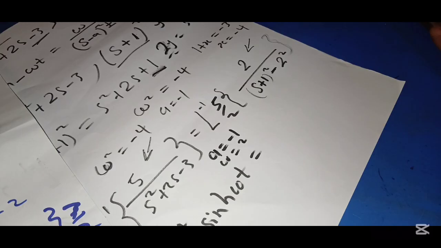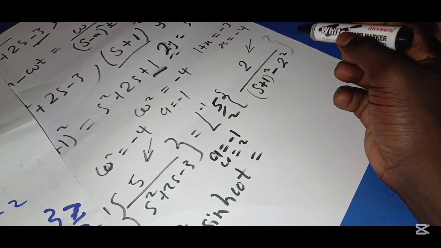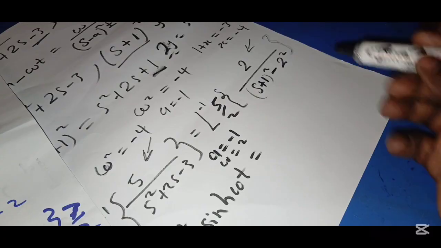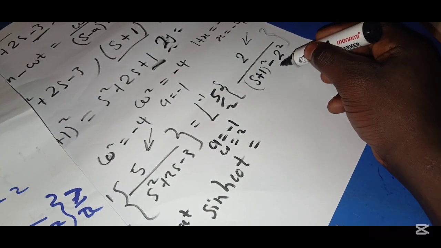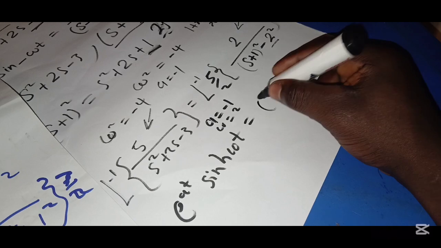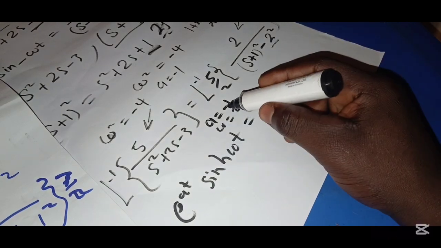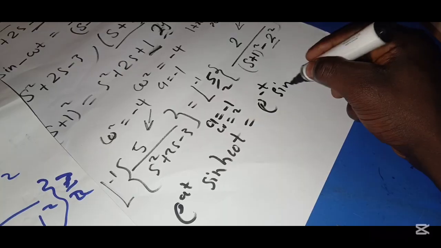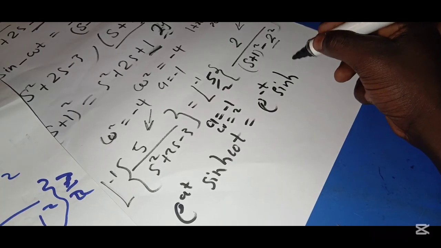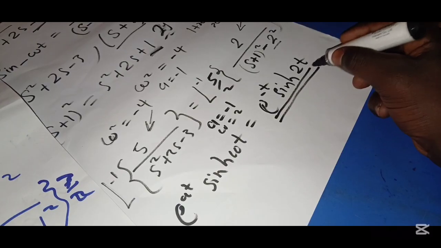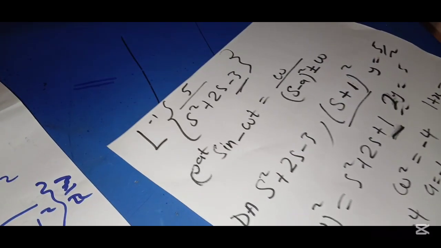Remember the negative sign we were getting there was to tell us whether this side is negative or positive, right? Good. So omega is positive. So we can therefore go ahead and say e to the power of minus t sinh omega, omega is 2t. So this is our final answer for a problem like this.